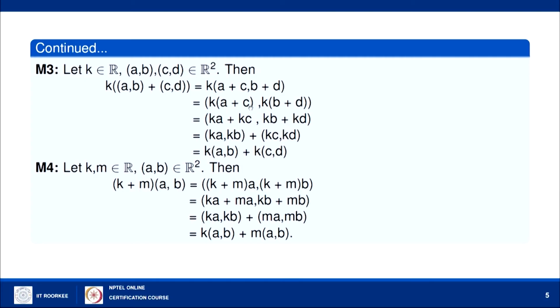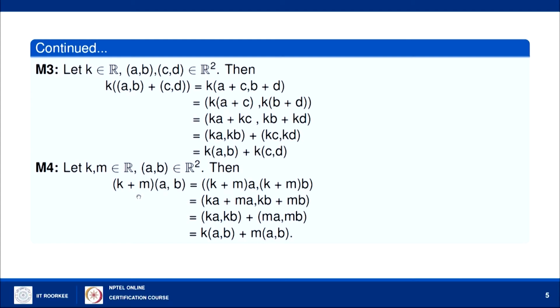So, (k(a + c), k(b + d)), which is (ka + kc, kb + kd). This I can write as (ka, kb) plus (kc, kd), and which is nothing but k times (a, b) plus k times (c, d). So, hence the third property holds in R2 with respect to the operations vector addition and scalar multiplication.